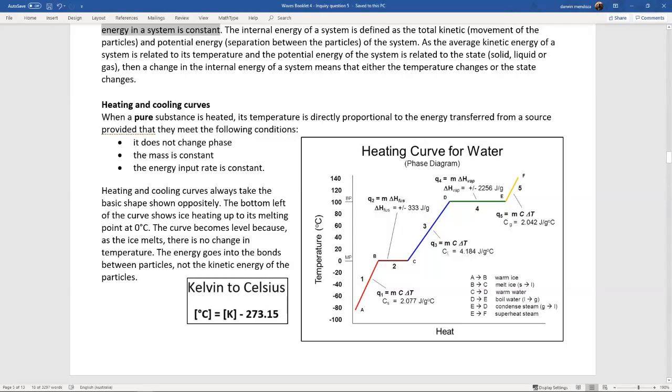From E to D, if you were going backwards, what happens is you've got a gas. Okay, sorry, that should be from E to D, gas to liquid.